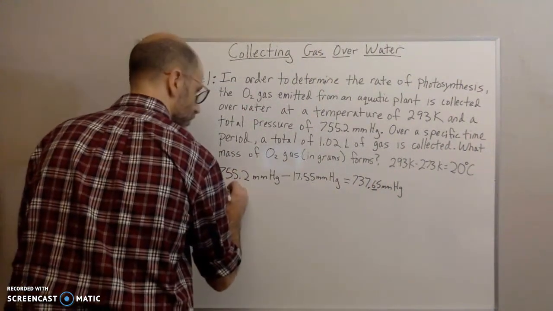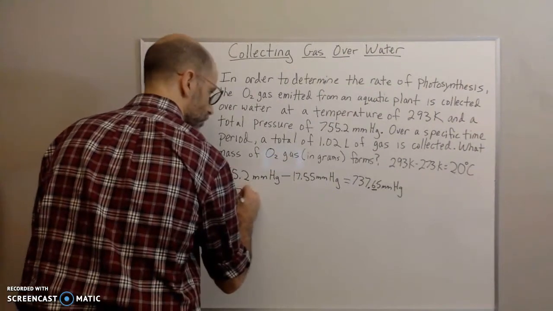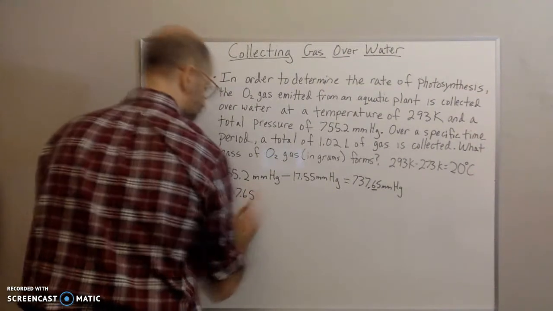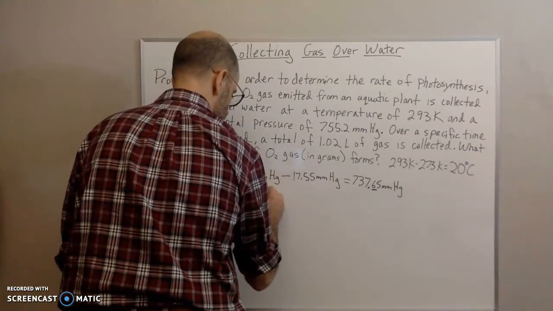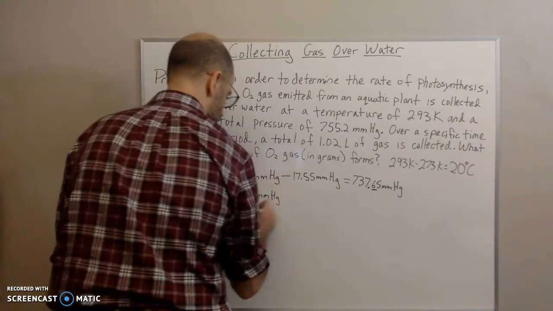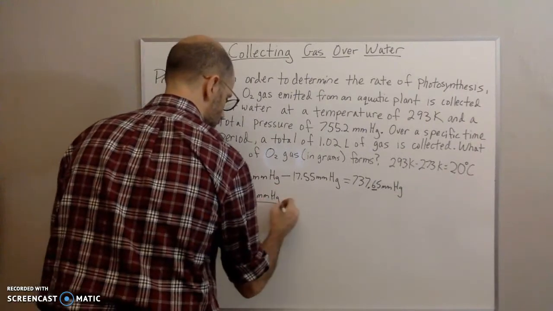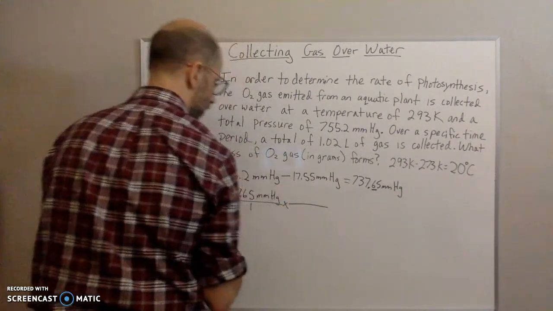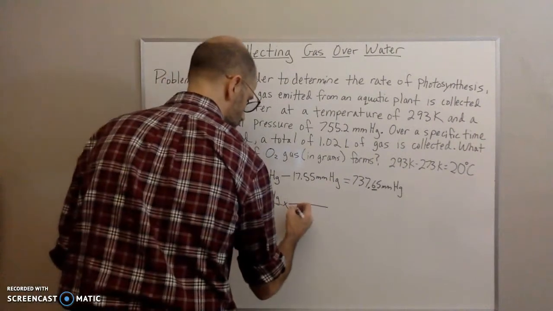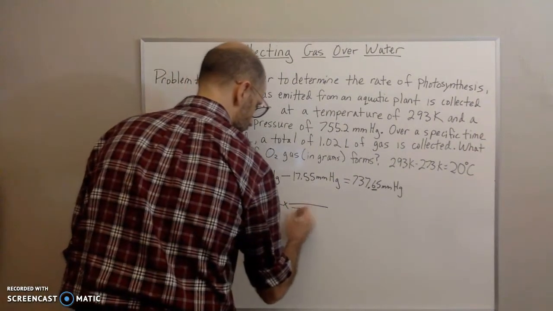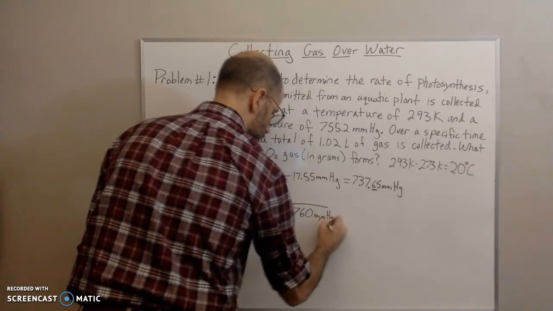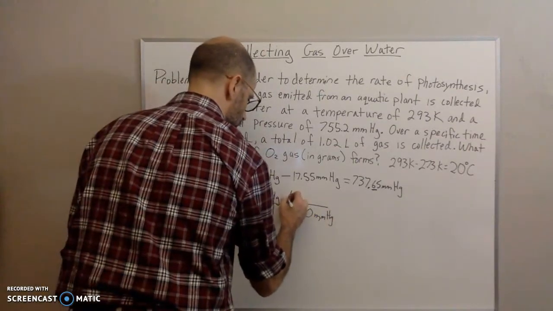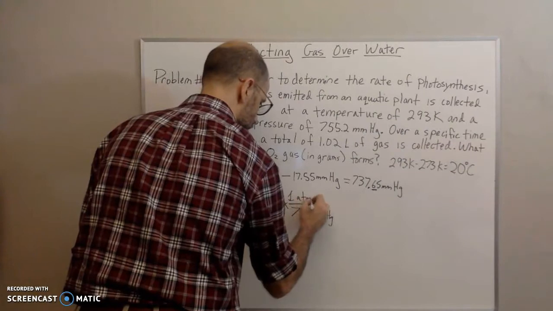So 737.65 millimeters of mercury over 1. It's 760 millimeters of mercury to 1 atmosphere, so 760 millimeters of mercury on the bottom and 1 atmosphere on the top.